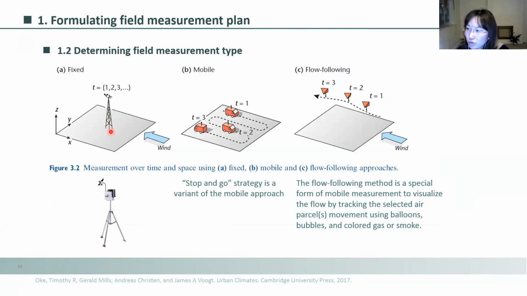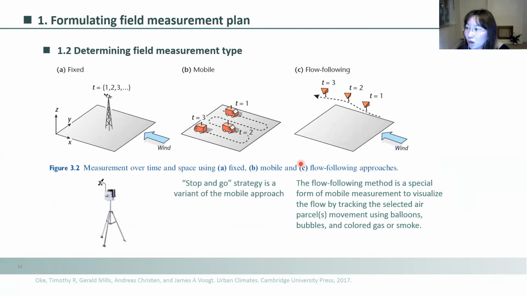So some researchers will use mobile measurement. They will usually use a strategy that is a variant of the mobile approach called stop and go, which includes stops at specific transect points to take the measurement.